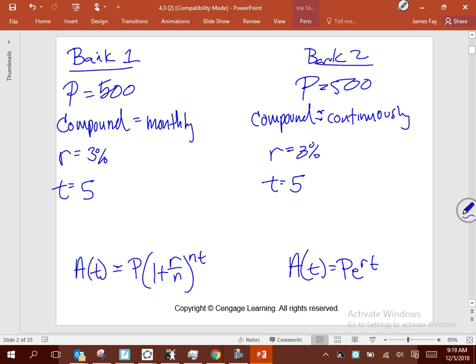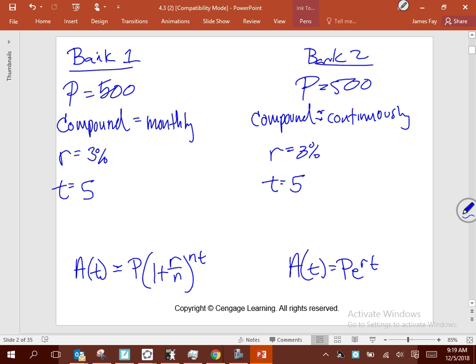So your dividends are going to start earning you more money sooner compounding continuously than monthly. Even if Bank 2 just finds a way to get me an extra compound, so they do it 13 times, 13 would be better than 12.